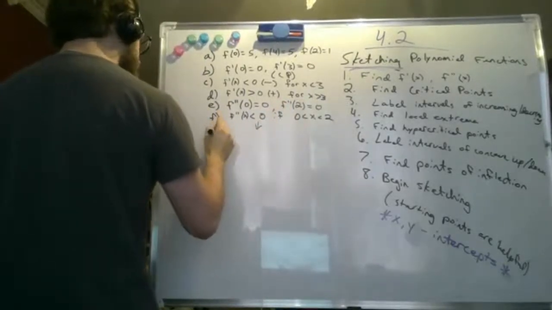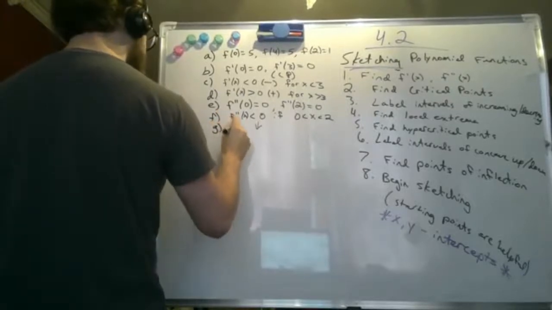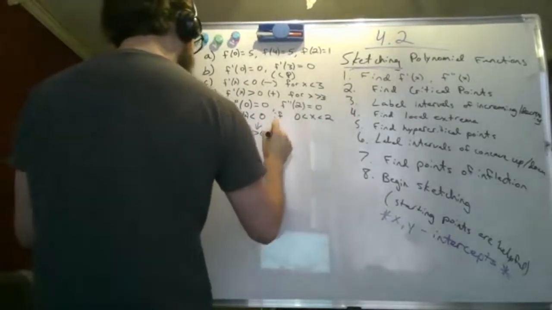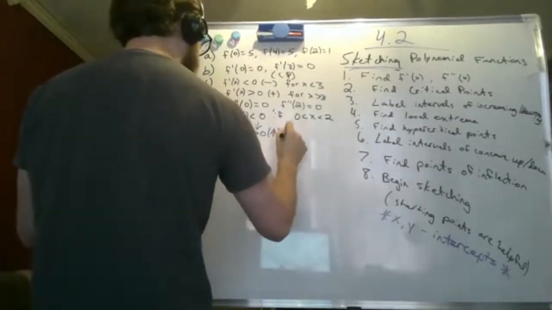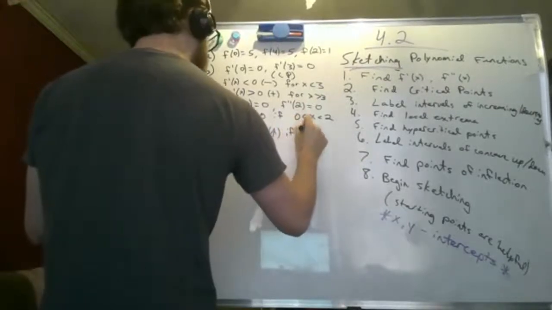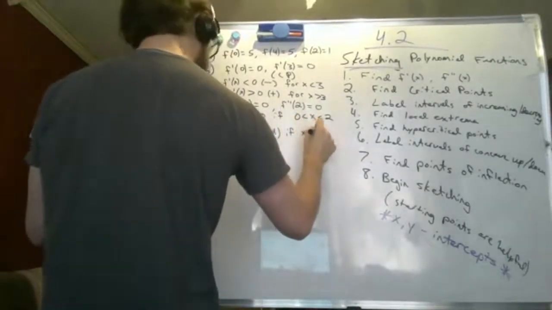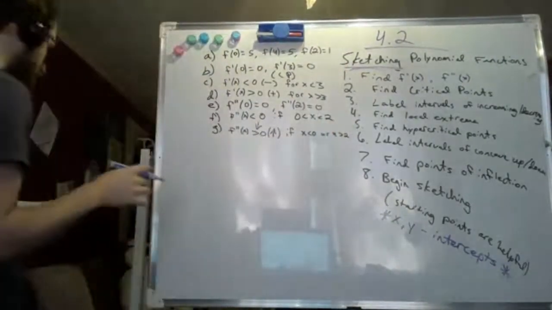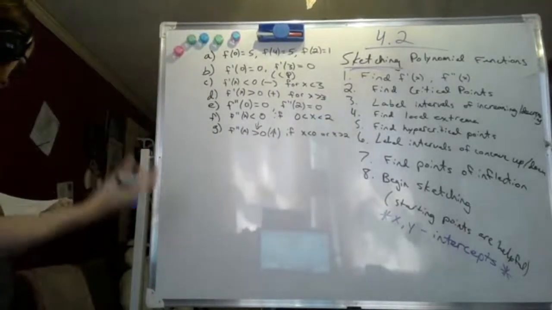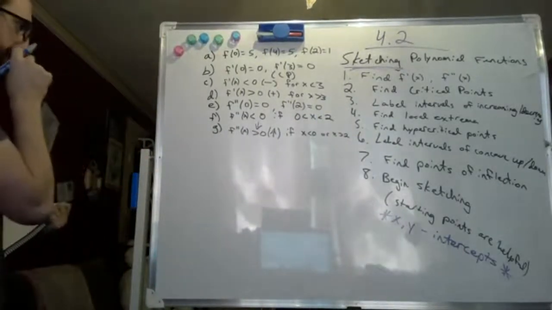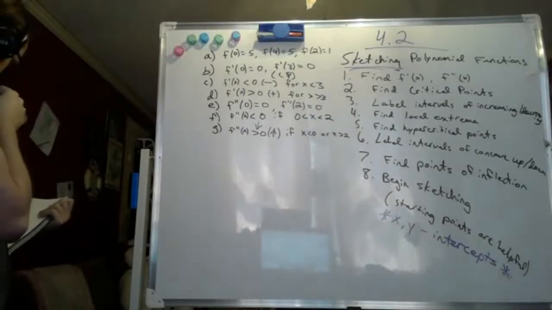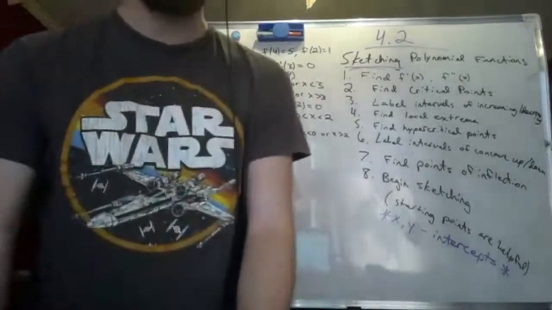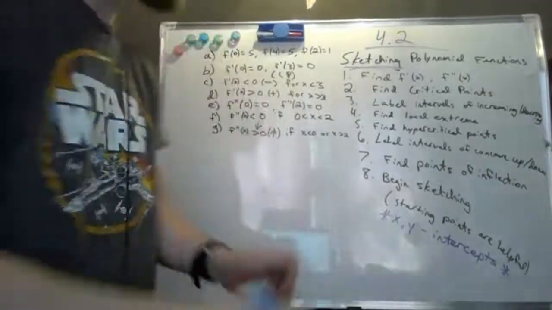And then lastly, they tell us the second derivative is greater than 0, so that's concave up, if x is less than 0 or x is greater than 2. So outside of this region between 0 and 2, we're told that it's concave up. Okay, this is all useful stuff. Let's see, and what else do they give us? And that's it. Okay, so based off of all this information, we're going to be able to graph our function.